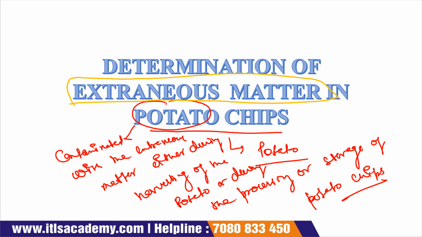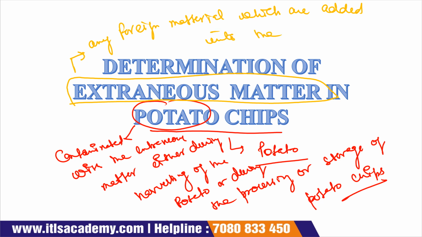Here, I'm going to tell you the basics of extraneous matter. Extraneous matter is any foreign matter or material that is added into the food product.